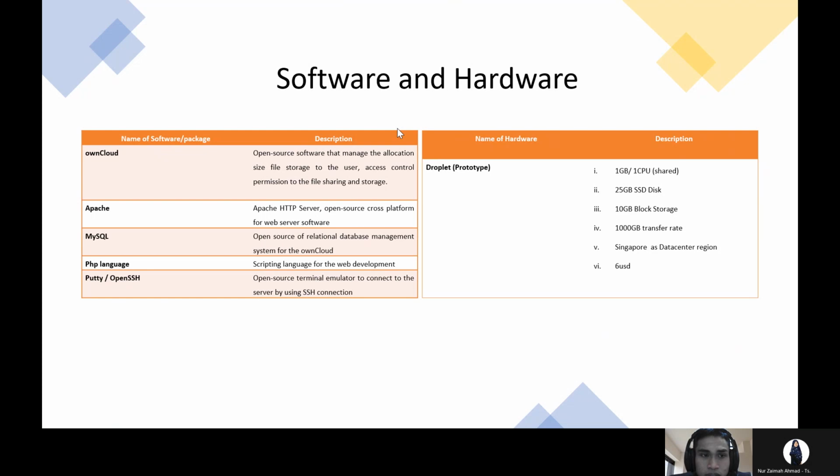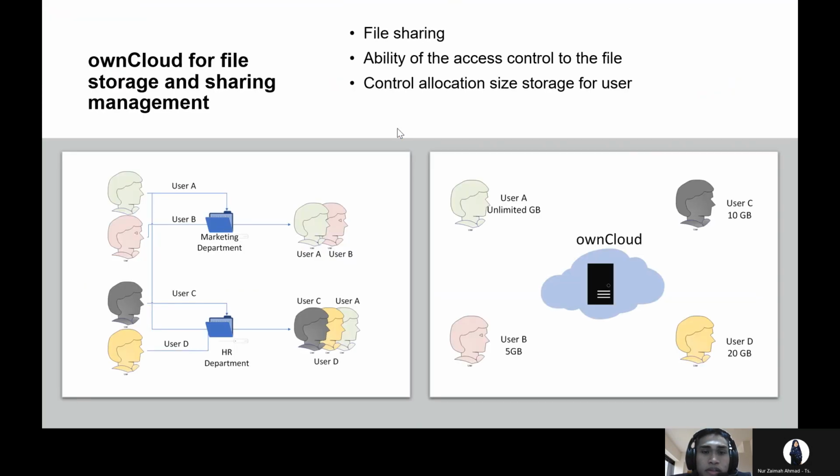For the software, ownCloud, as I talked about before, offers file sharing that can be shared within the same organization or to other users via a link, and an expiry date can be set. Next is the ability of access control on files.